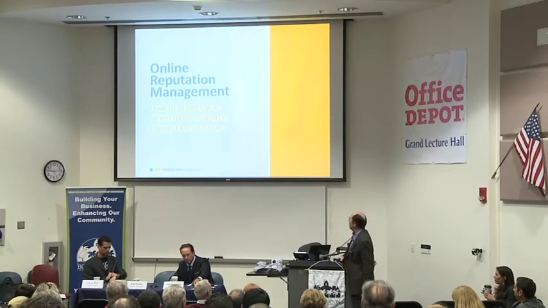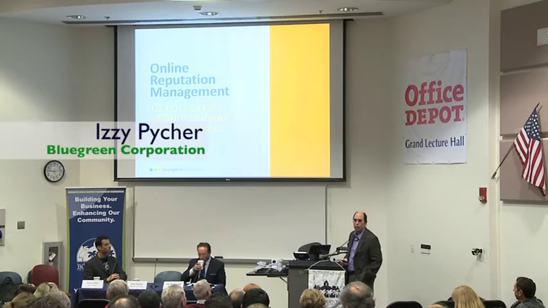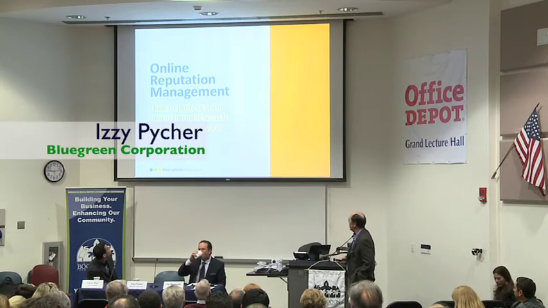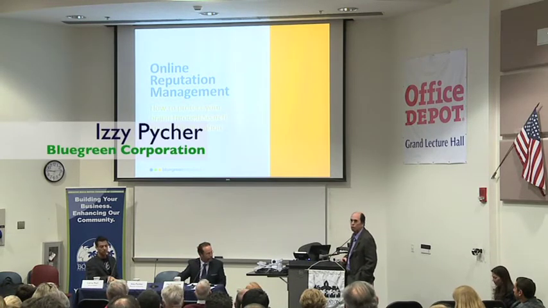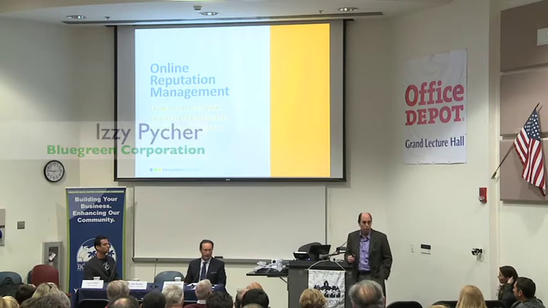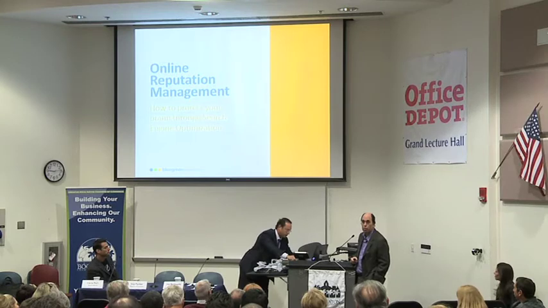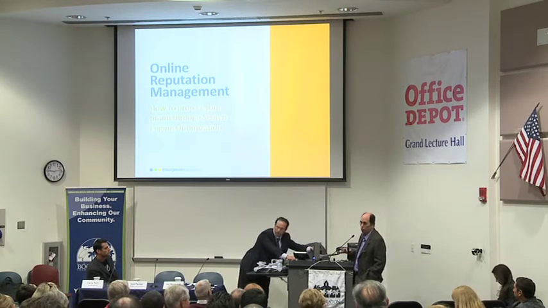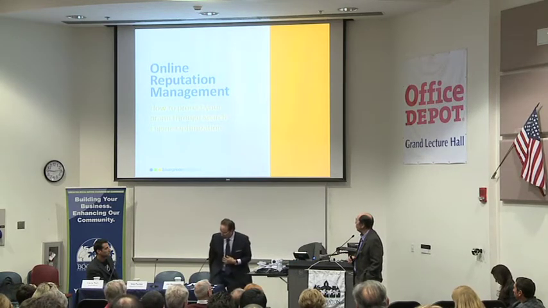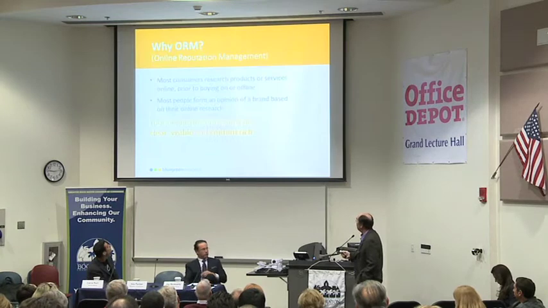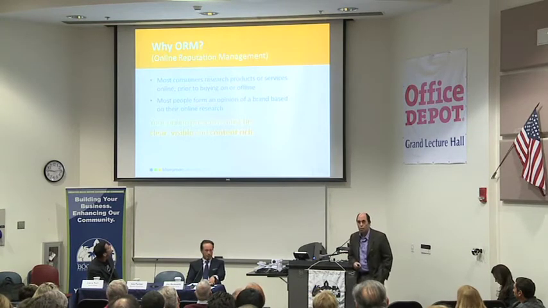Jay talked a lot about Google and Panda and Penguin, and what I would like to do, after watching what he did, is talk a little bit more about the business part of it. And I'm going to go over our case study of Green because I'm going to talk about the online reputation and why ORM.